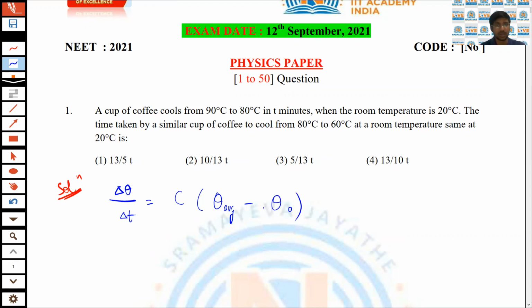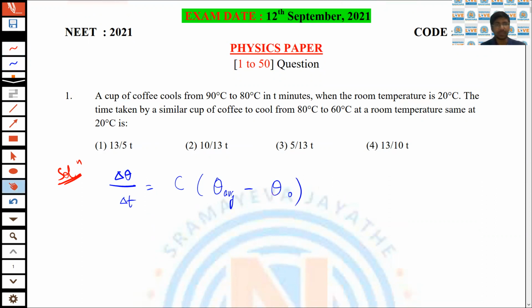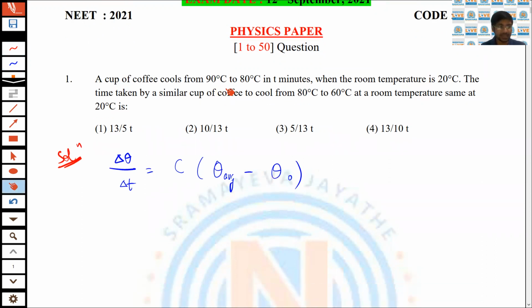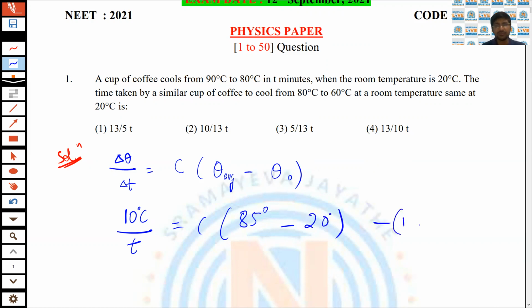Let us put this formula for the first case, cooling from 90 to 80 degrees centigrade, which means the temperature difference delta theta is 10 degrees centigrade divided by time T. The average temperature of 90 and 80 is 85, minus the room temperature of 20 degrees centigrade. So this is our first equation.